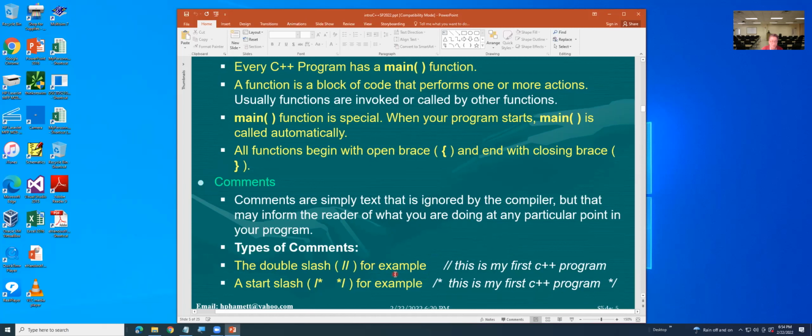There are two ways to put a comment. First, you put a double slash, then whatever you type after it is considered a comment. For example, this is my first C++ program, so the compiler does not check anything.